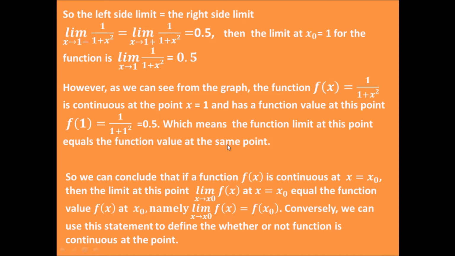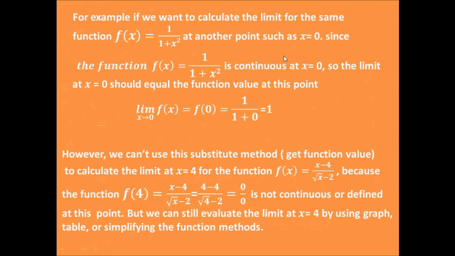So we can conclude that if a function f(x) is continuous at x0, then the limit at this point should equal the function value at this point, which can be written as the limit of f(x) as x approaches x0 equals f(x0). Conversely, we can use this statement to prove whether the function is continuous at a specified point. If a function limit and the function value are the same, then the function is continuous at that point.